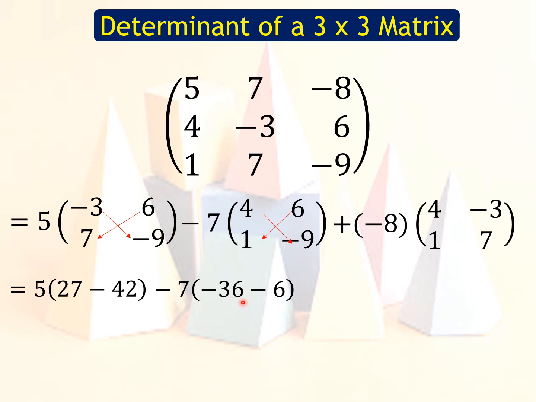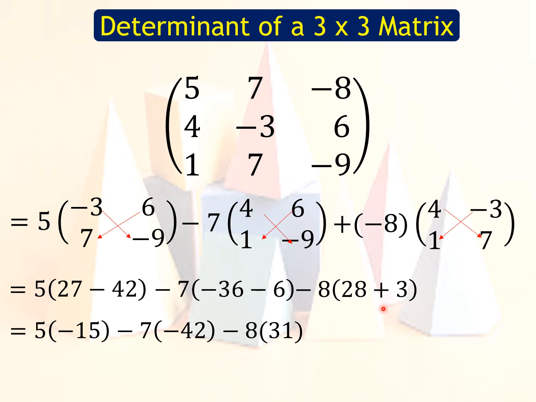So we have negative 36 minus 6. And then the third one, we have 4 times 7 is 28, and negative 3 times 1 is negative 3. Because we are going to subtract, it will be equal to positive 3. Minus negative 3 is plus 3.